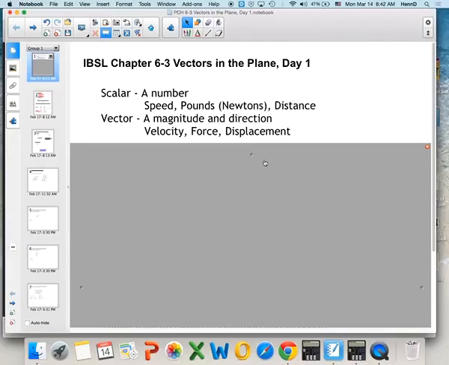Okay, we didn't call it that yet, but that's really what you were working with. Okay, so we have scalars and we have vectors. So one thing that's going to be important is that you pay attention to what you're being asked for. Okay, and it's also going to be important that you are careful with your terminology.